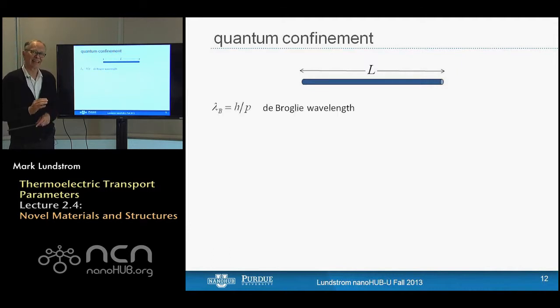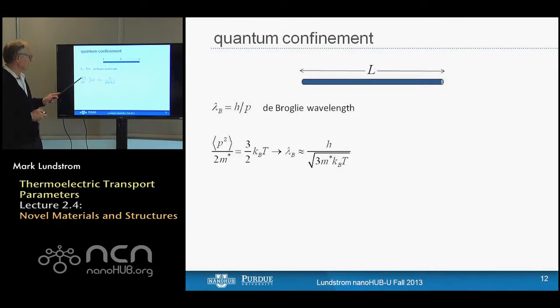The way we would get a handle on that is we would look at the de Broglie wavelength of an average electron. It's just Planck's constant divided by the momentum of an average electron. If I take average p squared over 2m, that should be my average kinetic energy at equilibrium. That should be 3/2 kT. So that gives me a way to estimate the thermal average de Broglie wavelength of an electron in this material.